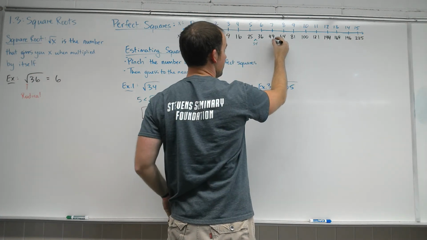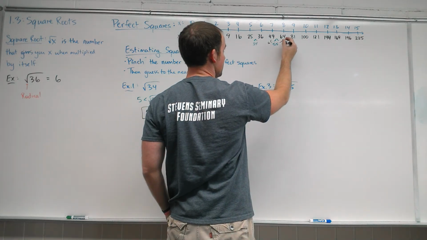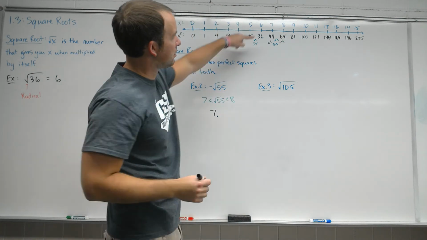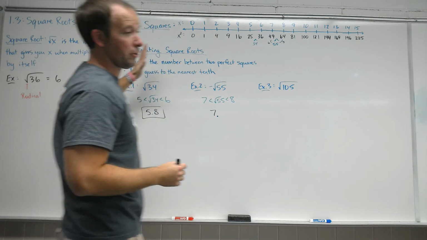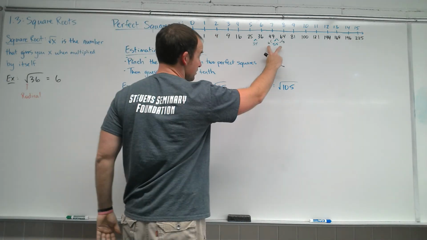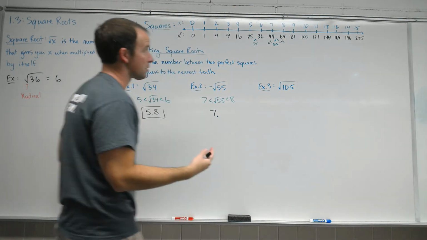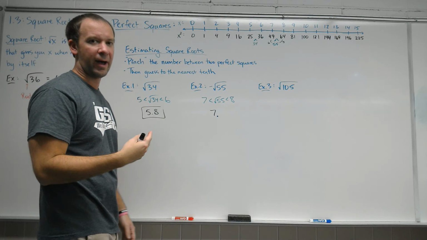To get from 49 to 55, we're 6 away. To get from 64 to 55, we're 9 away. So we are definitely closer to 7, but we're not way closer to 7. Now, this is somewhat close to being in the middle. So when you pick your answer, go closer to 7 than to 8, so below 7.5.